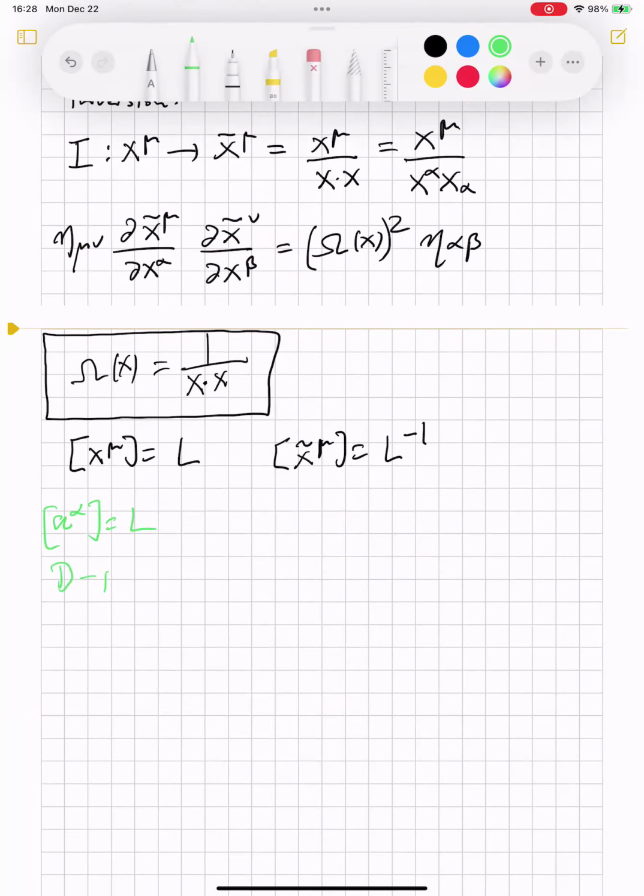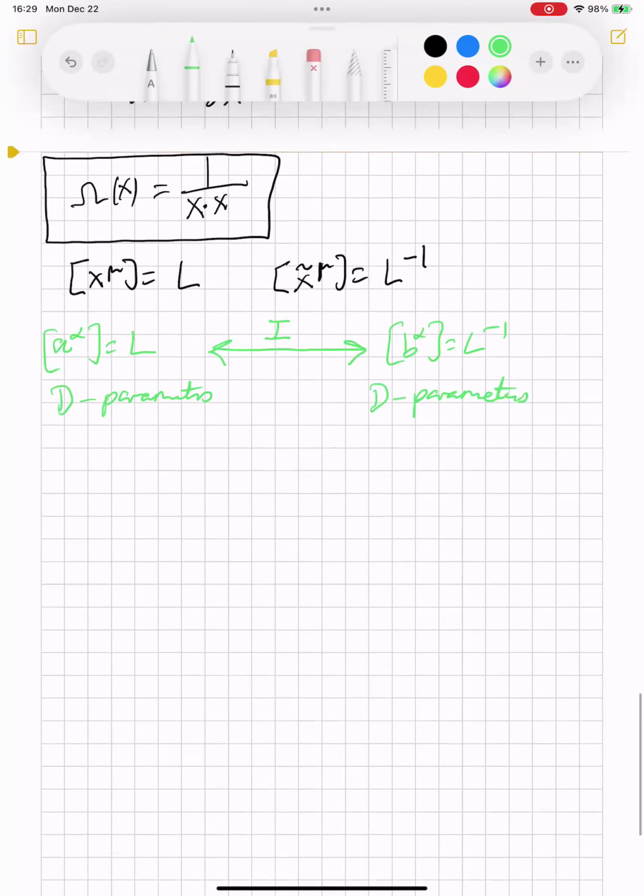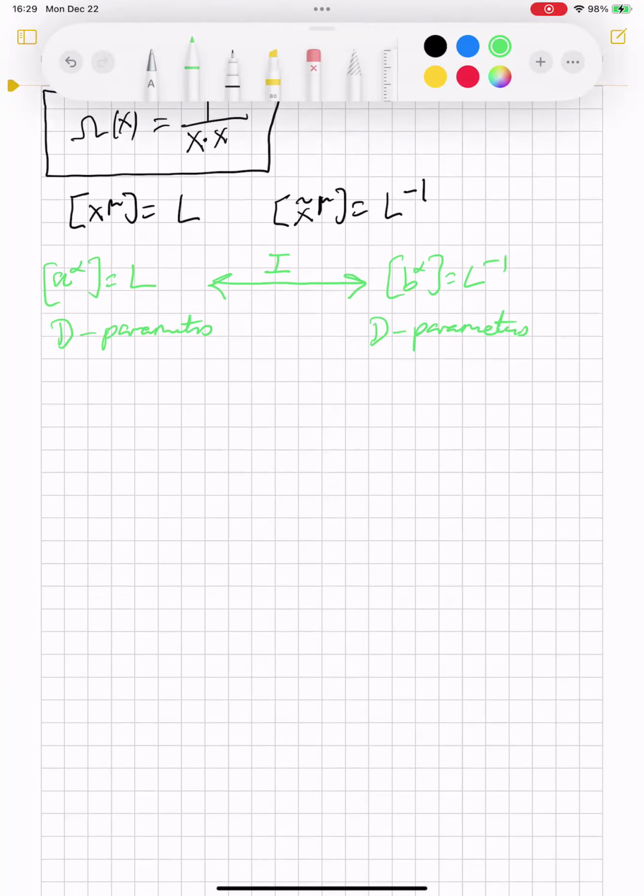There are D parameters. Then we've got B alpha, which is an inverse length, and also D parameters. So what it strongly suggests is maybe A alpha and B alpha are related somehow by inversion. Everything seems to fit. So let's see if we can make that precise.